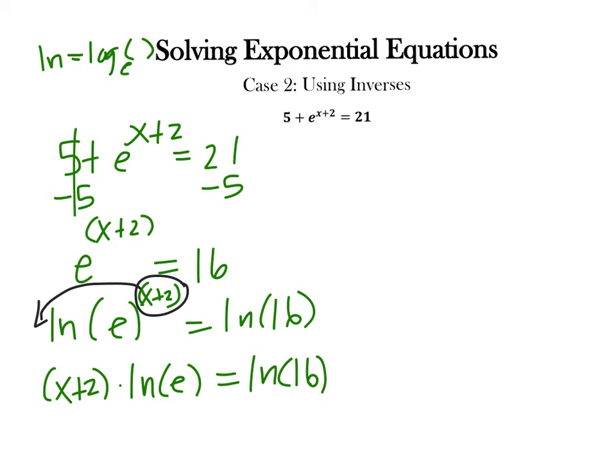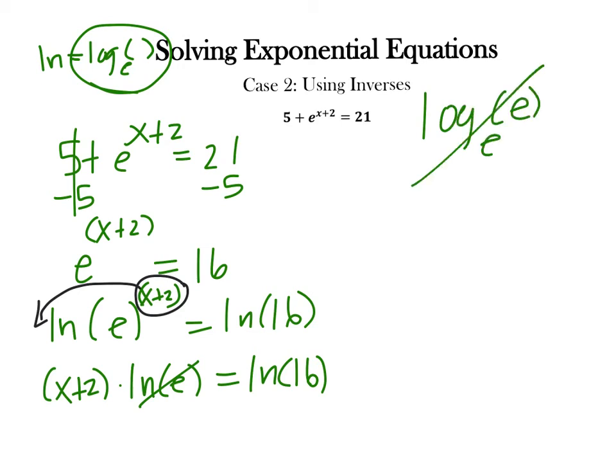Remember that natural log is log base e, which means this should cancel each other out, right? Remember when the logs have the same bases, log base e of e, this is always going to cancel out because the base and the exponent as the base will always equal 1. So as long as you remember that log base e of e is equivalent to natural log of e, then you will know that those two will always cancel each other out.